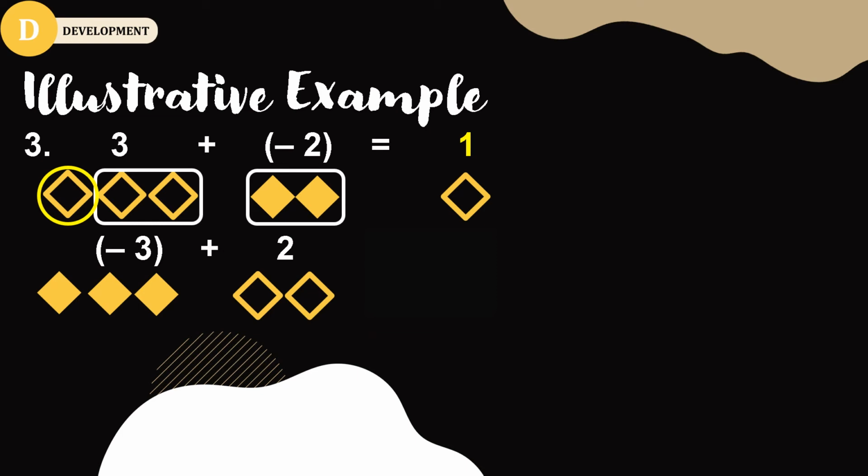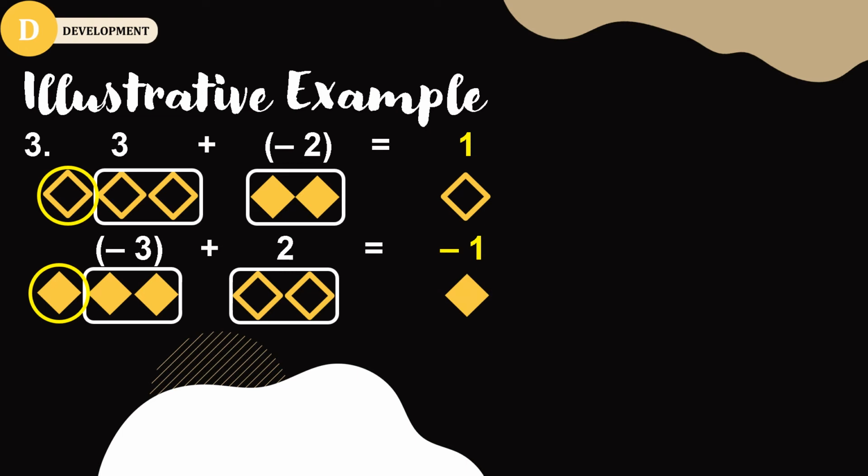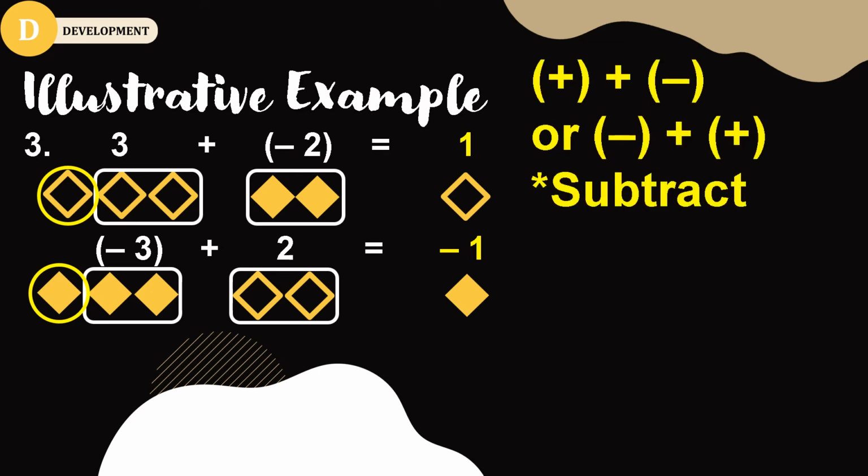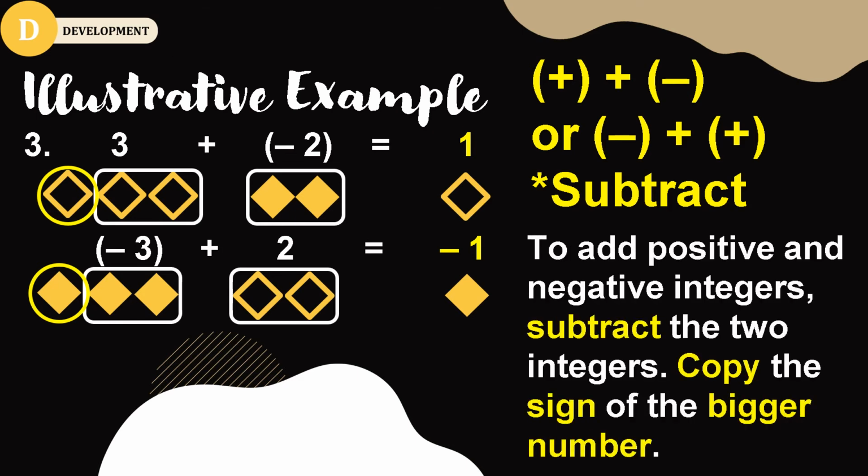We have the zero pairs, therefore, the answer is negative 1. Now, we can conclude that in adding positive and negative integers, we subtract the two integers, then copy the sign of the bigger number.